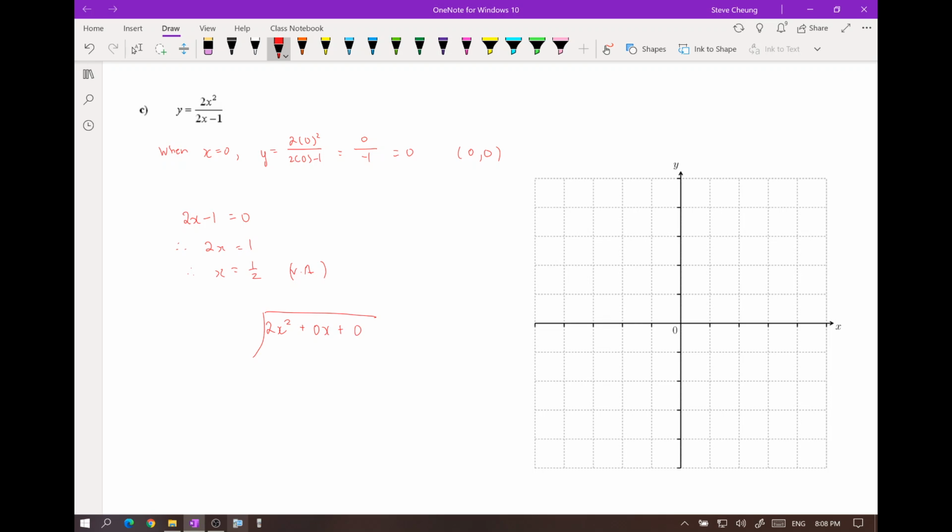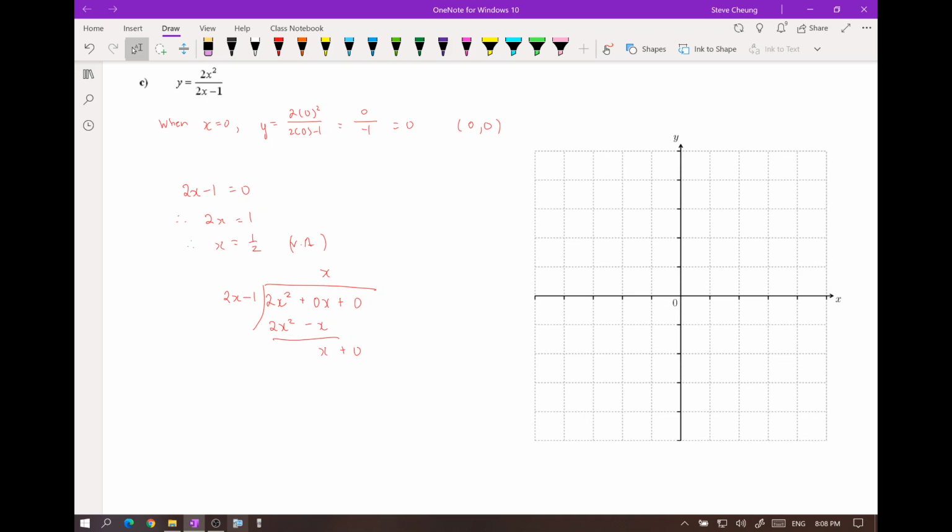I can just add these terms to make sure that they are aligned. So here we have x. And then here, now, this is odd, right? Well, this is because we can actually use a fraction here. So this will be like that. So the top will give you the equation of the oblique asymptote.